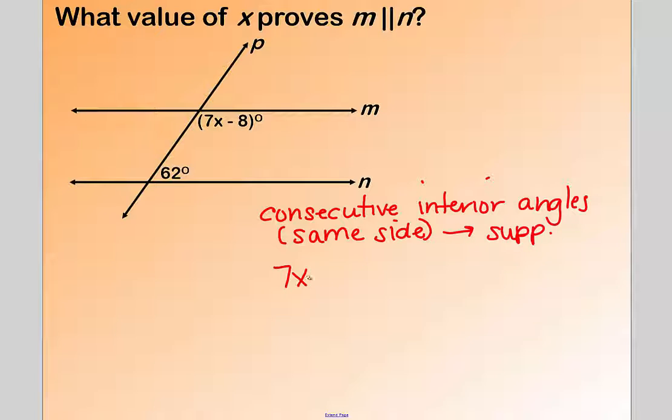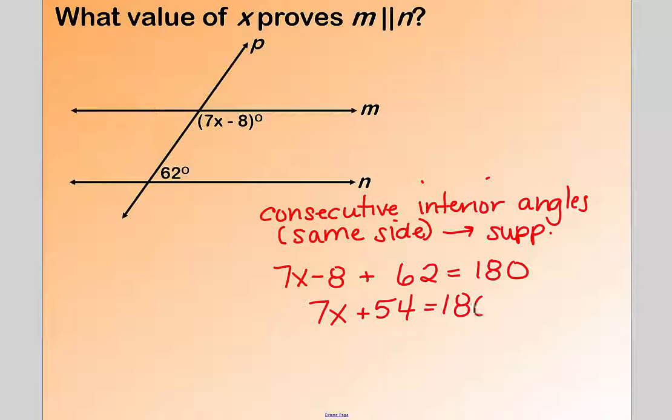So I'm going to take 7x minus 7 plus 62 and set it equal to 180. I'll combine like terms. I'll subtract 54 from both sides. And I would divide by 7. Okay.